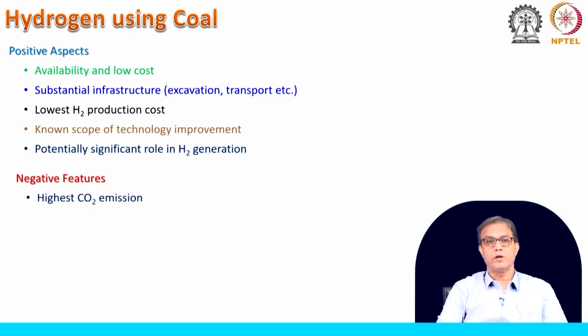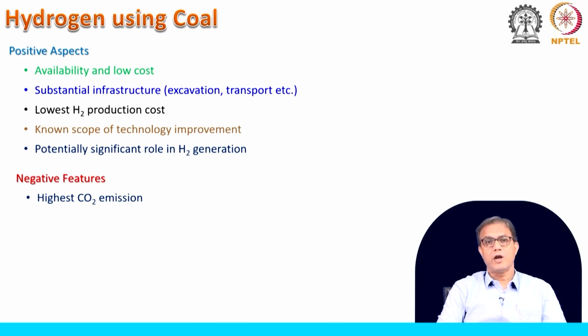So, when we convert coal into hydrogen, we produce CO2, and we will look at how it can be captured. We need technology development associated with CO2 capture as well as sequestration. But at this moment, CO2 emission with hydrogen production from coal is the highest.